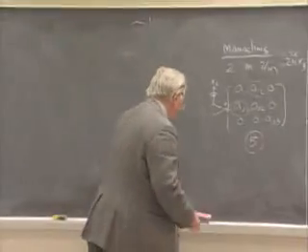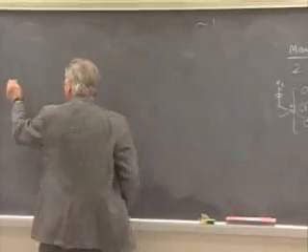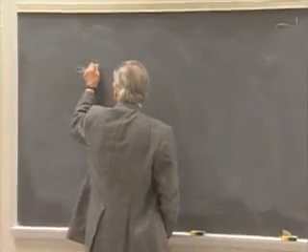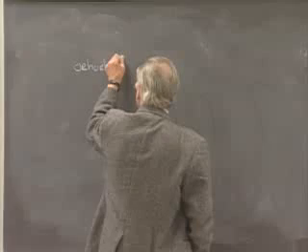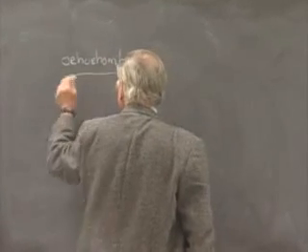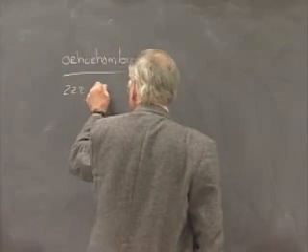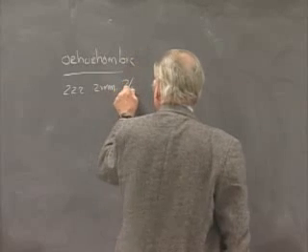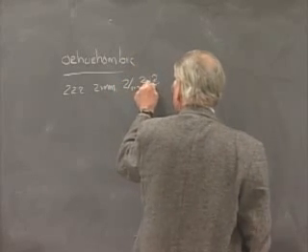The next step up in symmetry is orthorhombic. And this could be 2 2 2, 2mm, or 2/m 2/m 2/m.